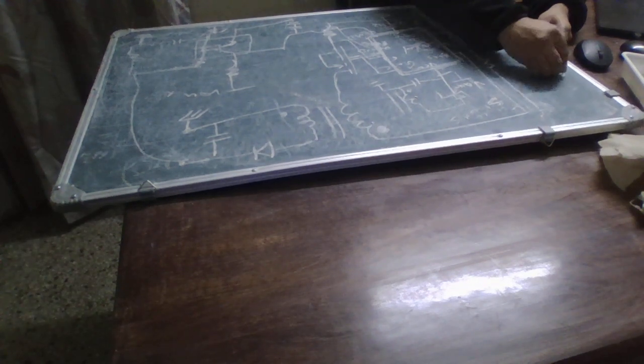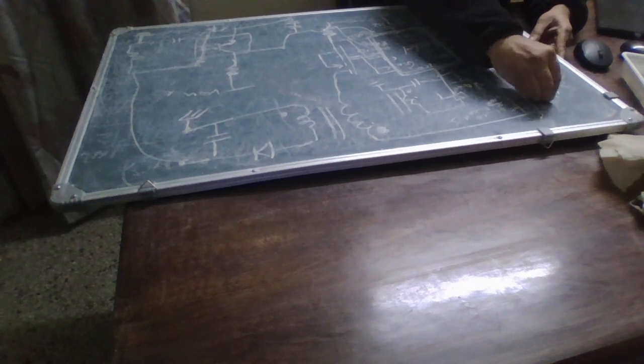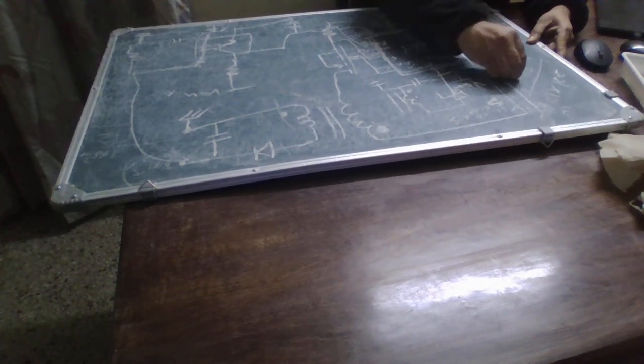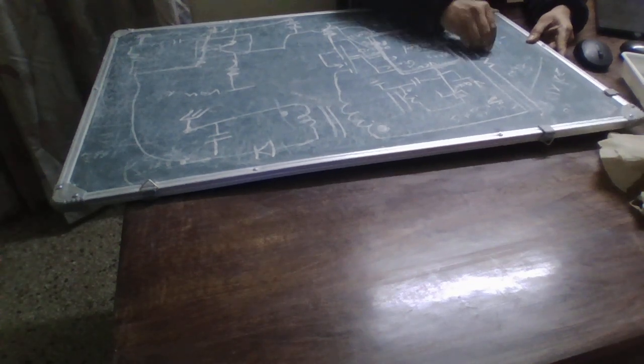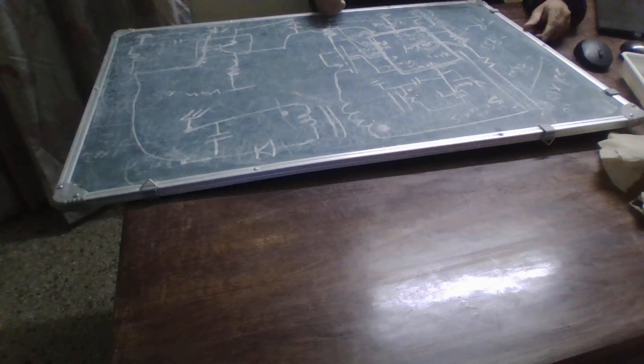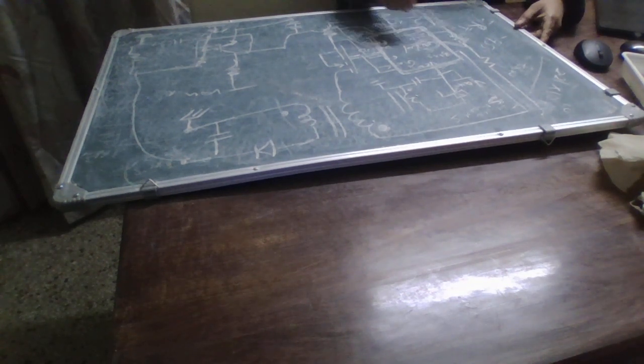It's basically 2.21 into 10 to the power 10 by switching frequency minus 955 equal to RT. So this is the formula to choose the value of an RT. This is the formula which is given by that vendor only.